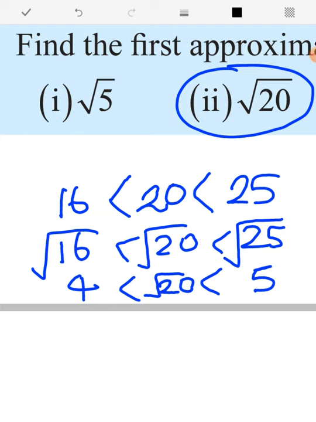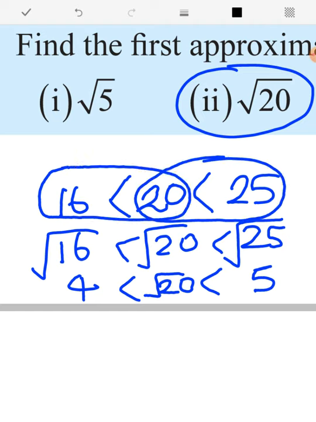Let's check the difference between these numbers. The difference between 16 and 20 is equal to 4. The difference between 20 and 25 is equal to 5. So 20 is very close to 16. So you can start from 4.1.